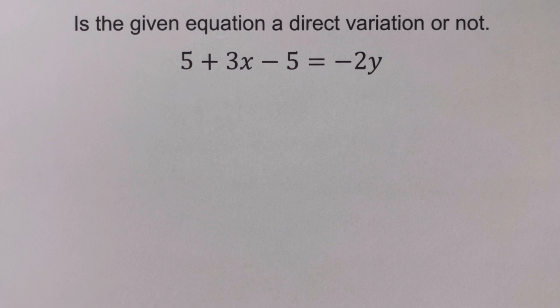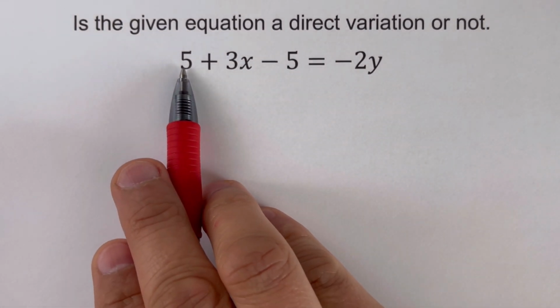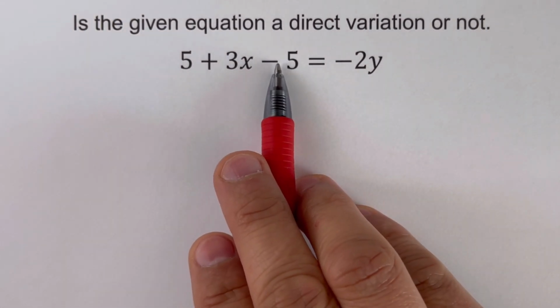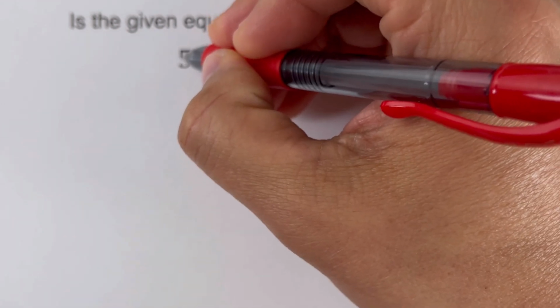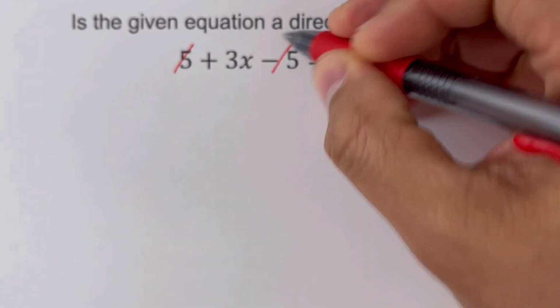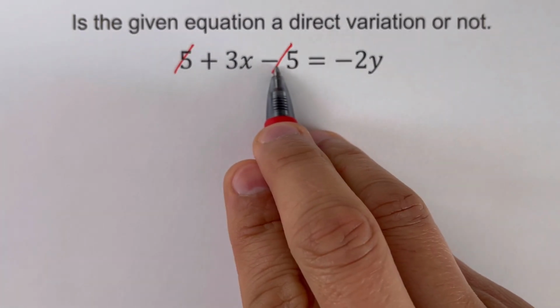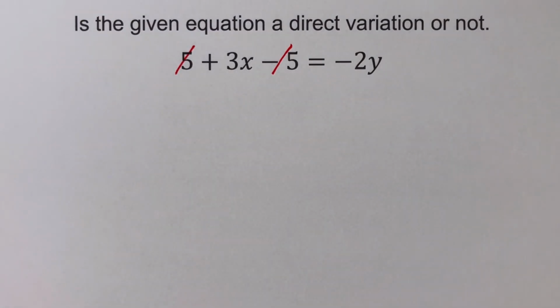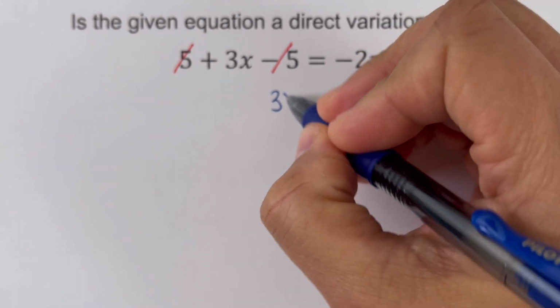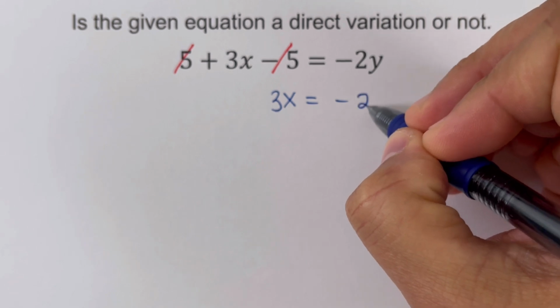Again, in this example, y is not isolated by itself. So we make sure that y is by itself on one side of the equation. But before we go over the example here, we can see that we have a positive 5 and negative 5. So this cancels out, it becomes 0. So 5 minus 5 is 0. So then we are left with 3x equals negative 2y.